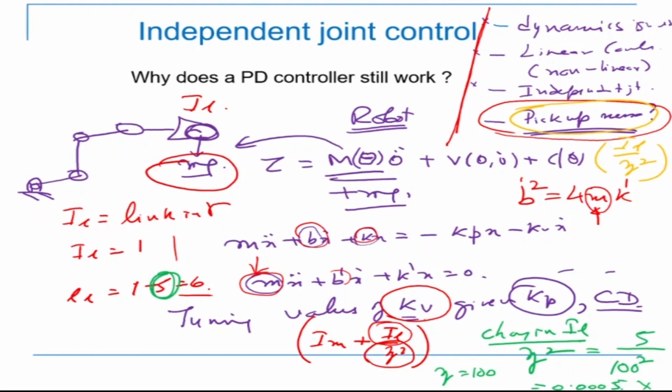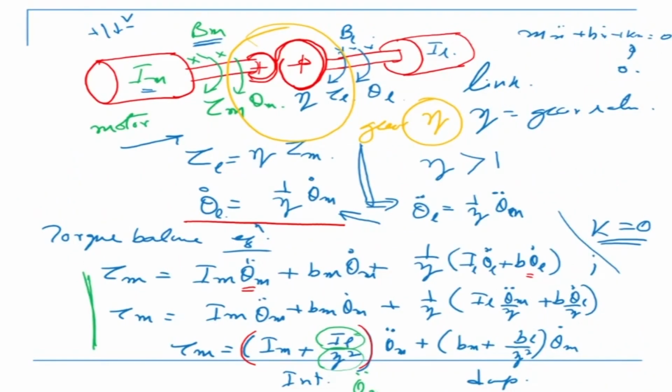Again, we will see the dynamics doesn't have any effect on the controller. Similarly, we are saying this is a nonlinear control system, but a PD controller can actually control it very easily. Although these are assumptions we have made which are not strictly correct, the robot control system using PD control still works. So please remember, the moral of the story is that you have a gear between the link and the motor, with independent joint control.